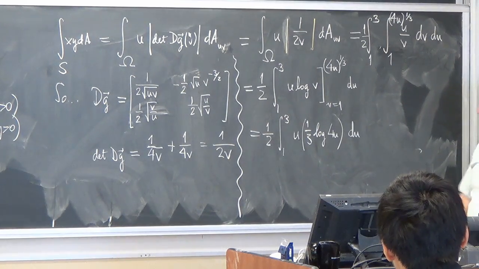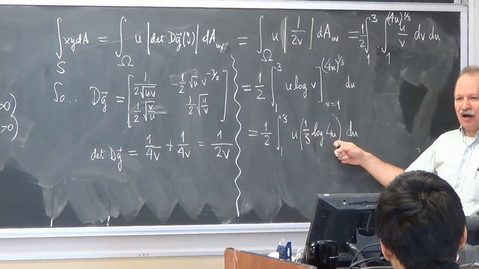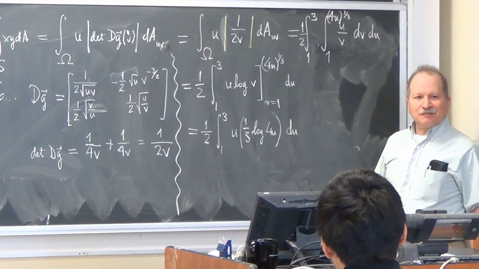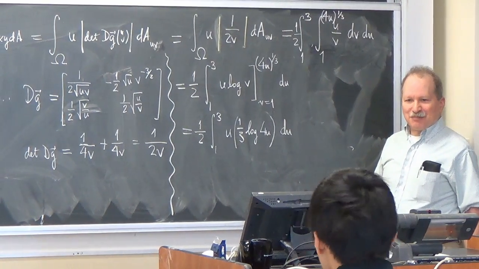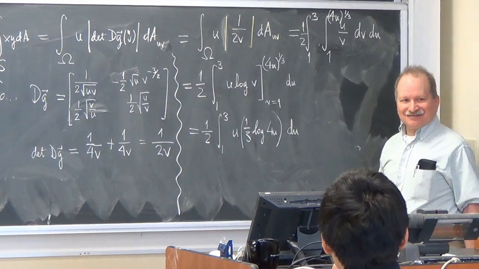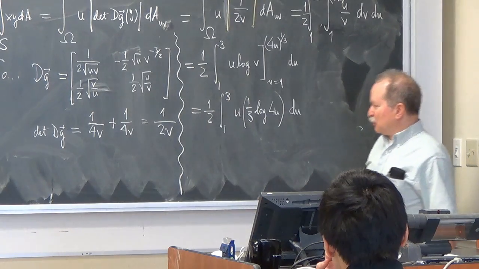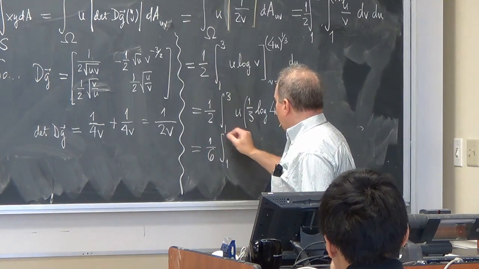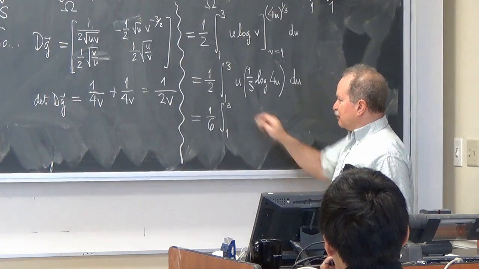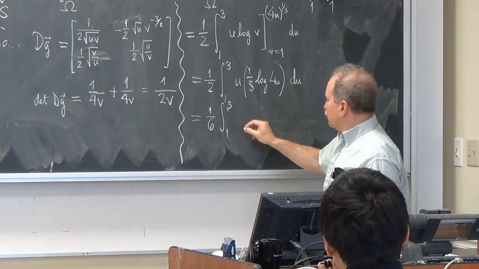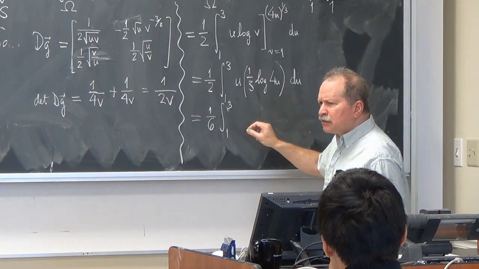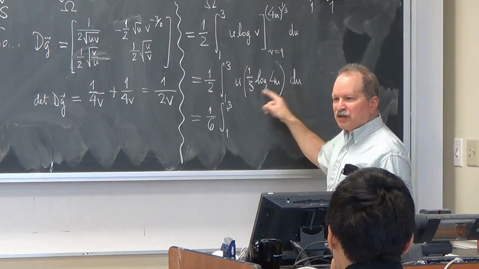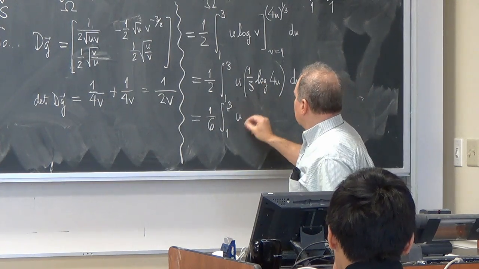How many people remember how to integrate u log u? By parts. We can factor out the 1/3. And what else can I do to make life slightly easier? I could break log of 4u into a sum of logs, log 4 plus log u.